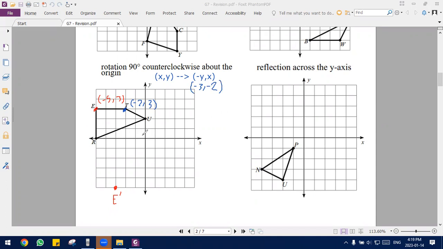Now let me put it on the graph. X is -3, and then y is -2. The point is here. And we name it as T prime.